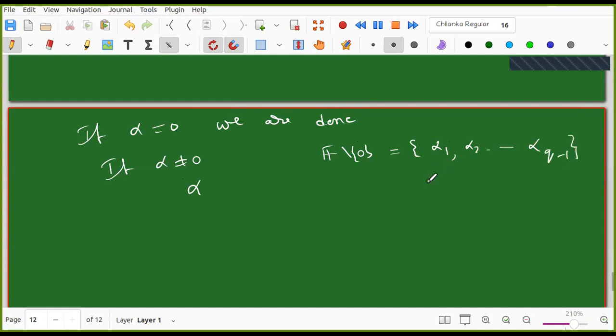These are all the elements. Now I can multiply alpha to all of them: alpha times alpha 1, alpha times alpha 2, and so on, alpha times alpha q minus 1. These are also elements in F_q minus 0, and they are distinct.